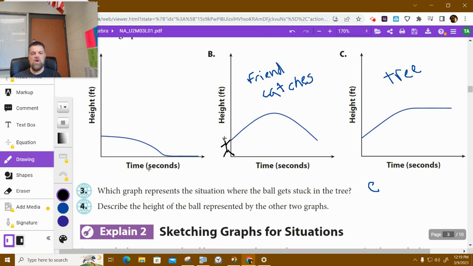They throw the ball, and their friend who's over here catches it. And they're about the same height. Now this one over here, the ball hits the ground and rolls on the ground. When it rolls on the ground, how high is it above the ground? 0.